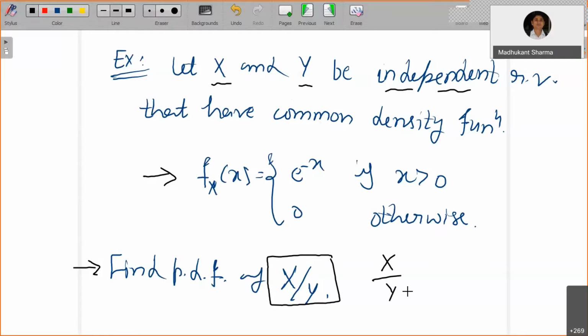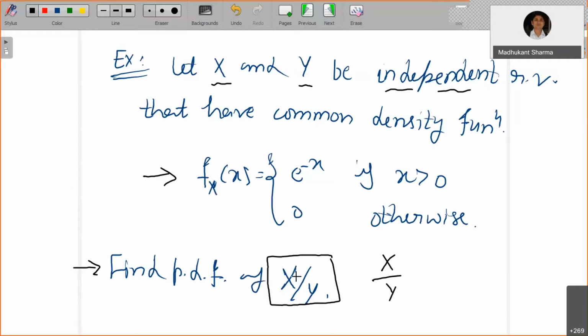Only then will this rational term be well defined, otherwise it will not be defined at all. So we need to make sure that Y is not 0 in the denominator. X could be 0, that's not a problem. The problem is when Y is 0.